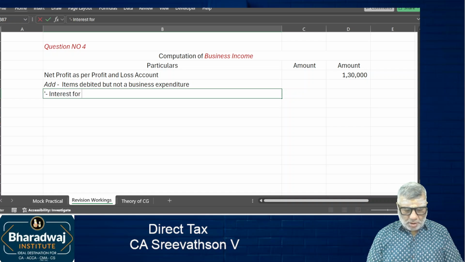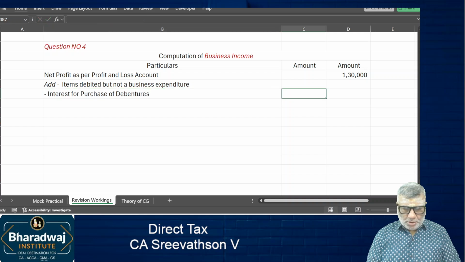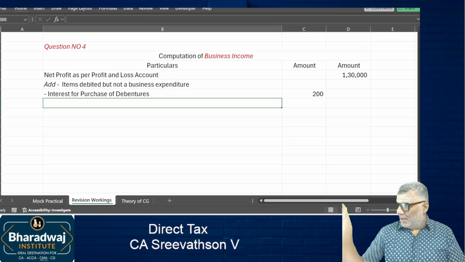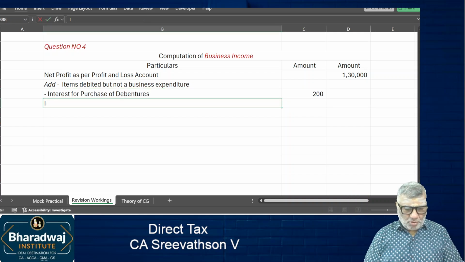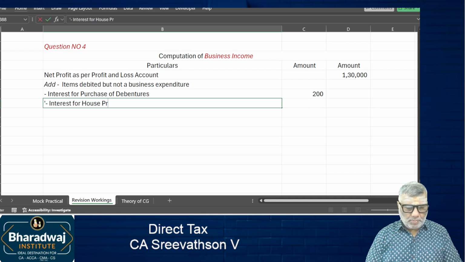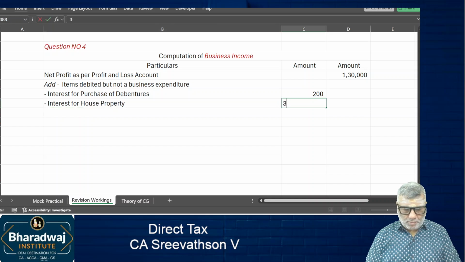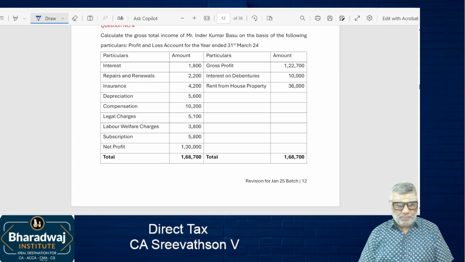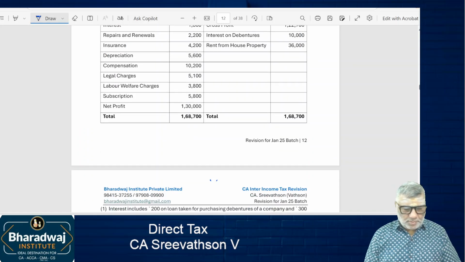Interest for purchase of debentures 200. Interest for reconstruction, $300.